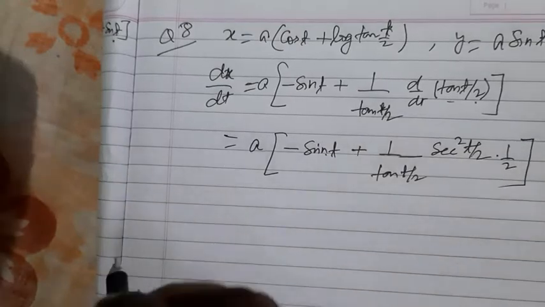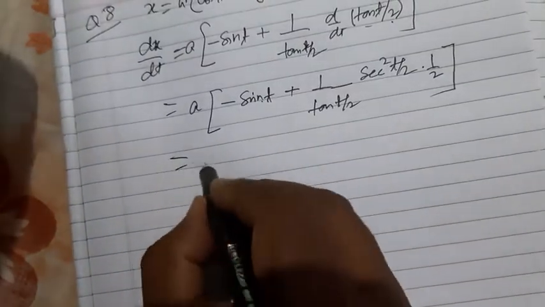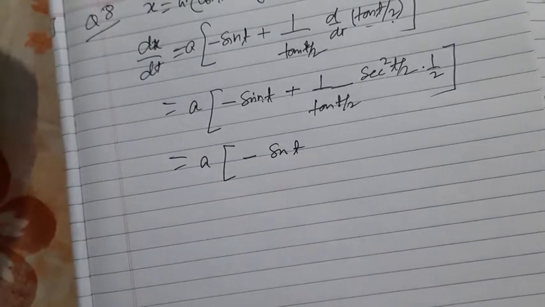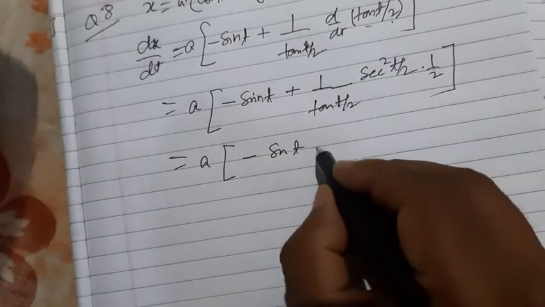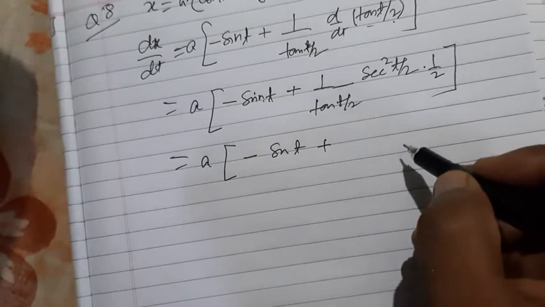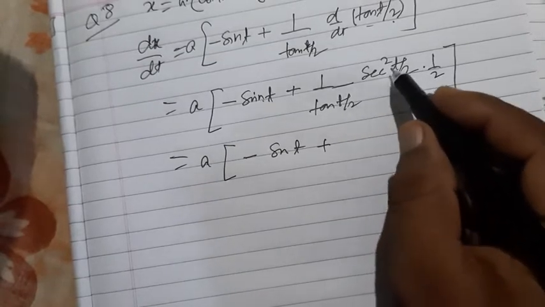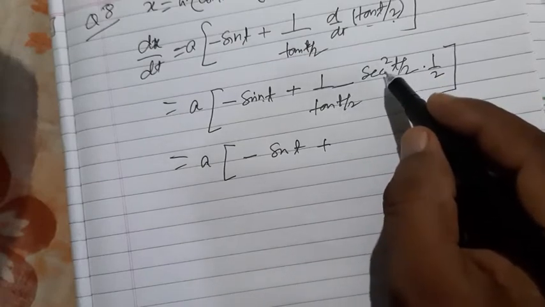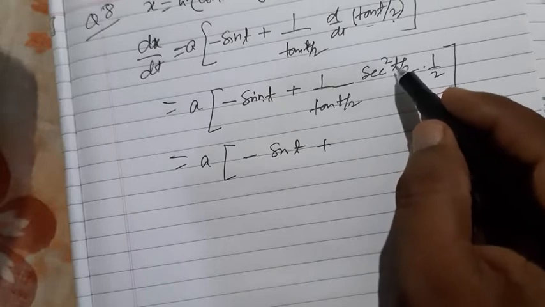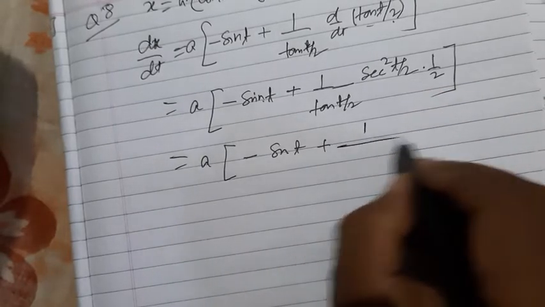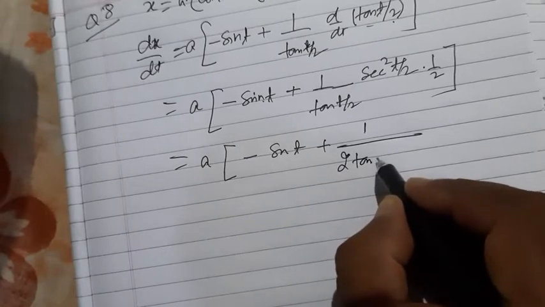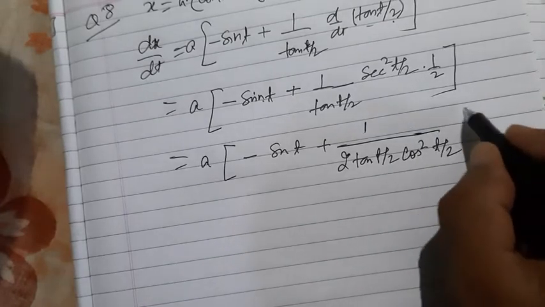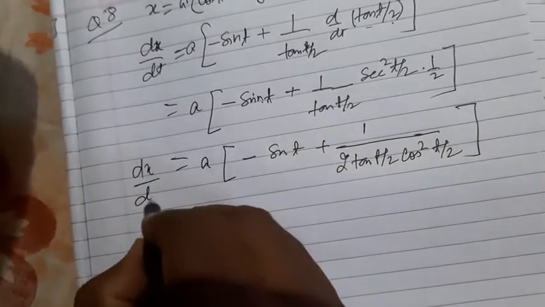So it means a (minus sin t plus 1 by 2 sec square t by 2), where you can write 1 upon tan t by 2 as cos t by 2 upon sin t by 2, and sec square as 1 upon cos square t by 2. So this you can write as 1 upon 2 tan t by 2 cos square t by 2. So this is the dx upon dt.